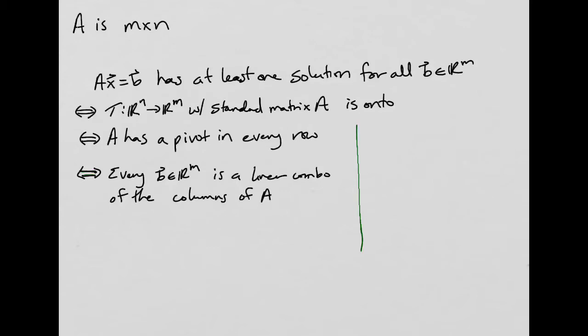I'll explain why it's true relative to this first statement up here. So if I always have a solution, I want to show that this is the same thing as saying that every B is a linear combo of the columns of A.